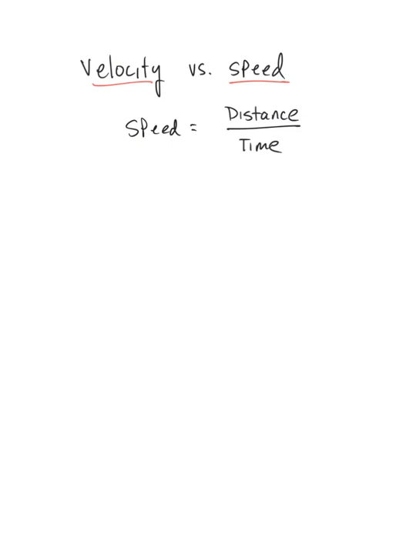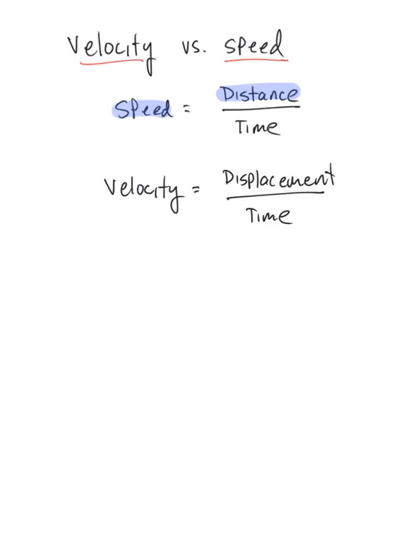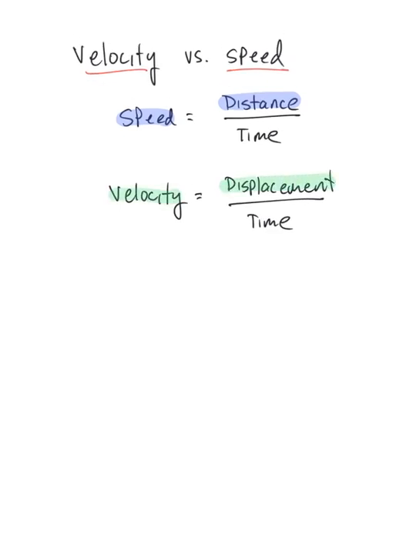Speed relates to distance. You can probably see where this is going then. What is velocity? Well, velocity isn't distance divided by time, it's displacement divided by time. Okay, so this is now velocity, velocity has to do with the displacement.